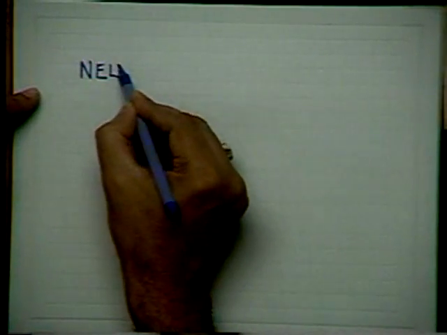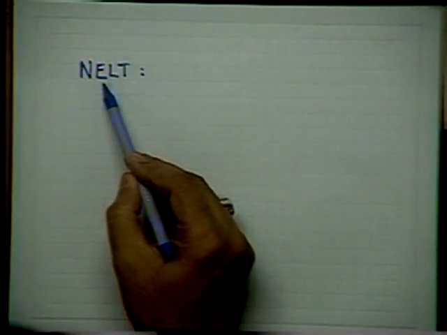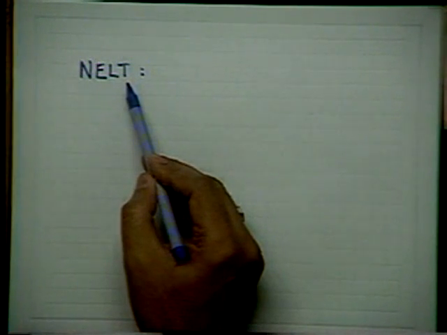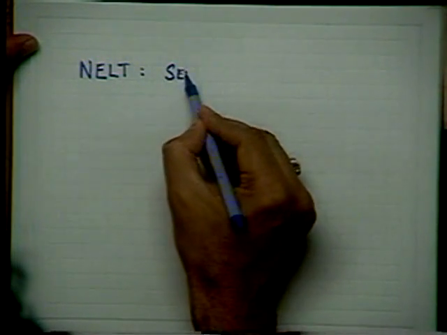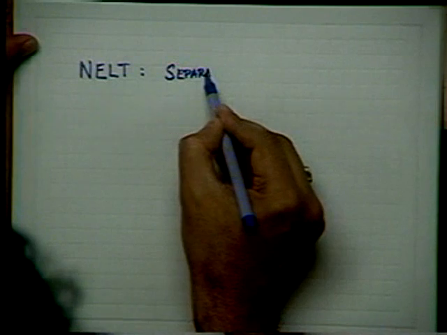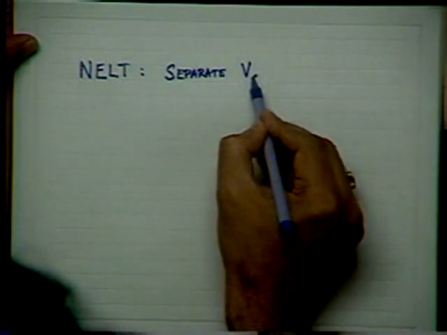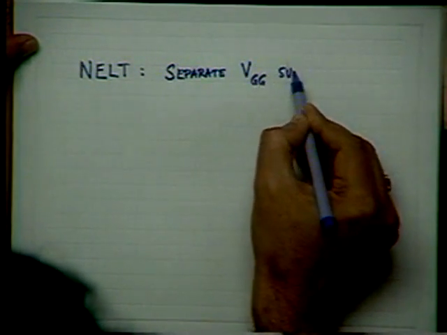Now let us see what the things now can be achieved in NELT. N-channel enhancement mode load in triode region. In that case, you have to use a separate VGG supply.